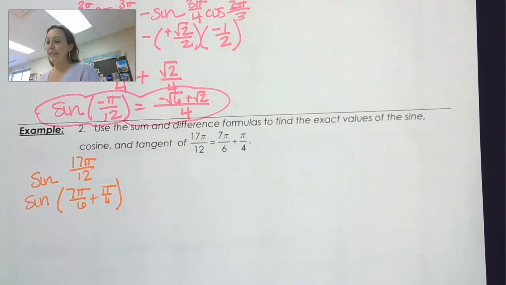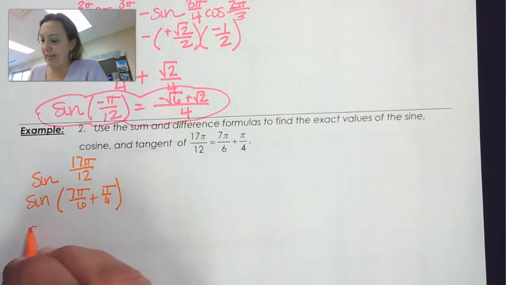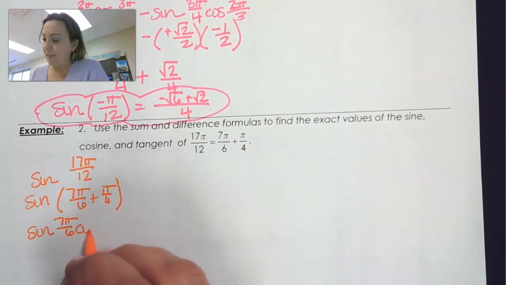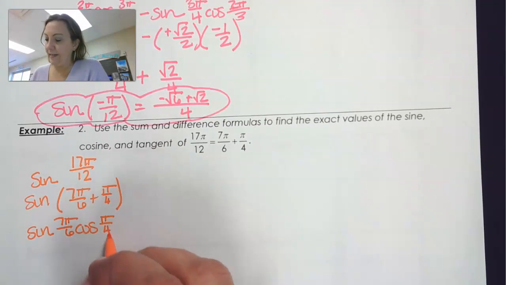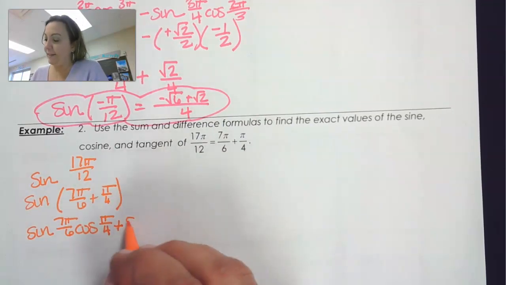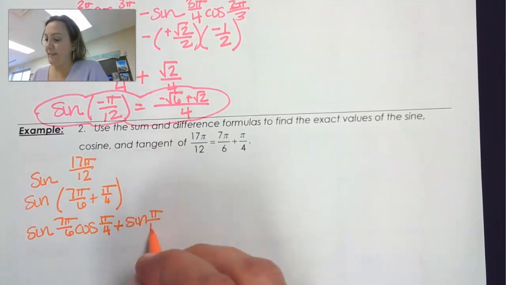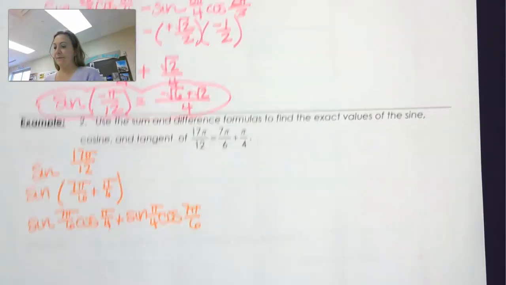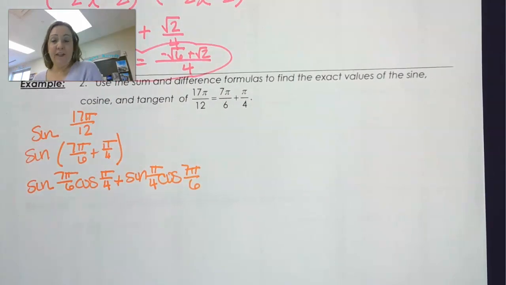And if we look at the sum for sine, we take the sine of the first times the cosine of the second, and then we add the sine of the second times the cosine of the first. Okay. And then we can evaluate.